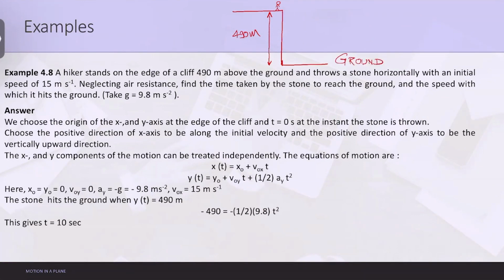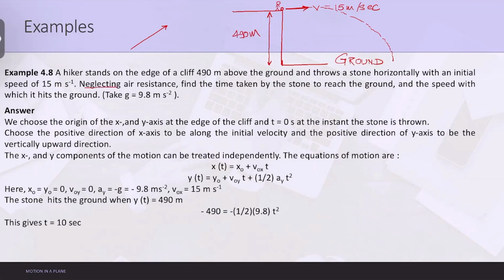He throws a stone horizontally with an initial speed of 15 meters per second. Let us suppose there was a stone here and it was being thrown like this. Please remember, it is not being thrown at an inclination; the inclination is 0 here. The path would be something like this.